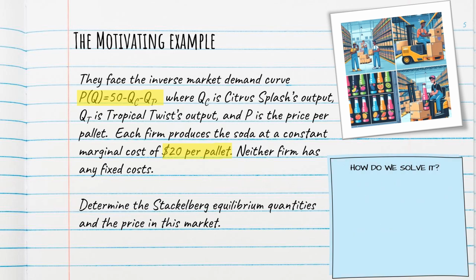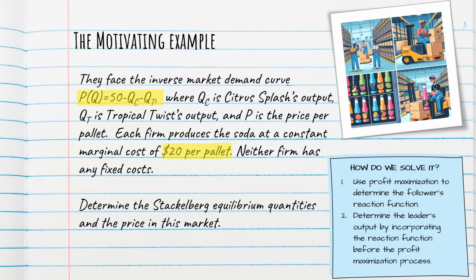How do we solve this question? First, we're going to use profit maximization to determine the follower's reaction function. This means we'll set marginal revenue equal to marginal cost and solve. Then we will determine the leader's output by incorporating the reaction function of the follower before the profit maximization process.